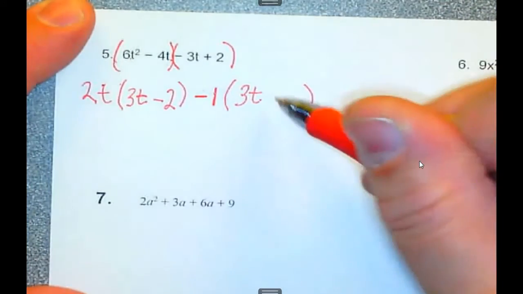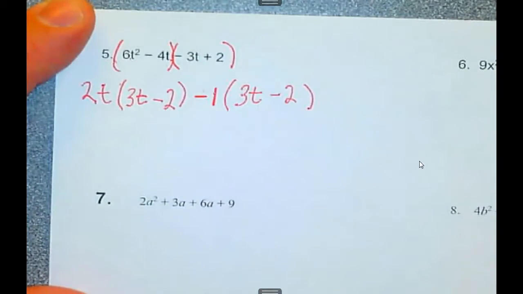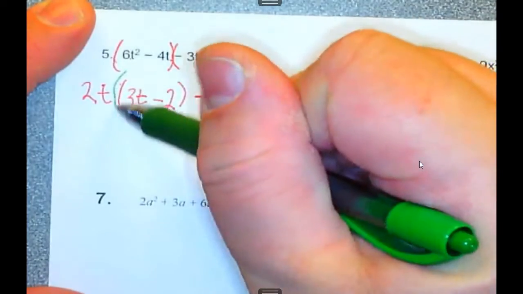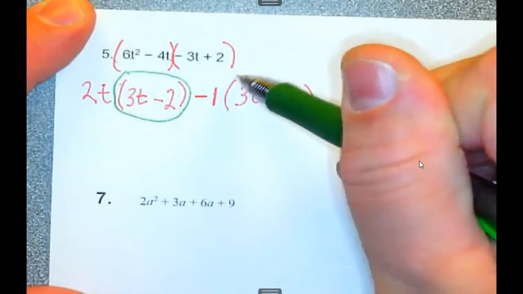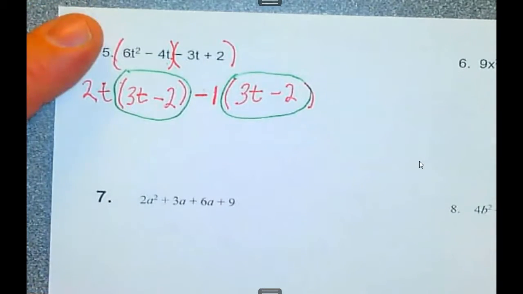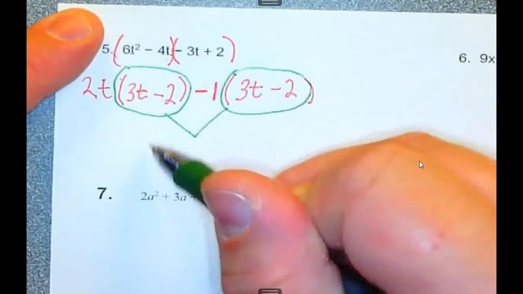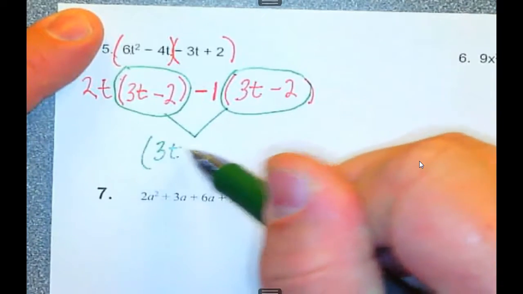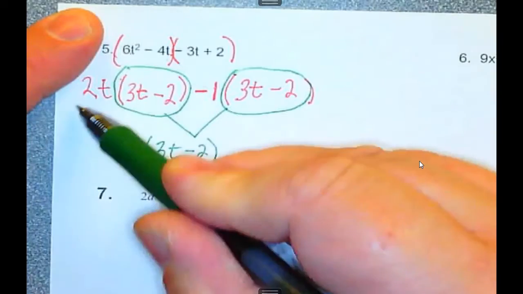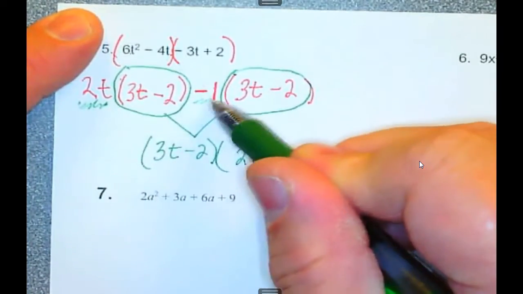Okay. And then negative 2. Now the reason why I wanted to get that negative sign out of there is so that these are the same quantities, right? That's my ultimate goal here. Get those to be the same. That becomes one of my factors. And what I have left, 2t minus 1.